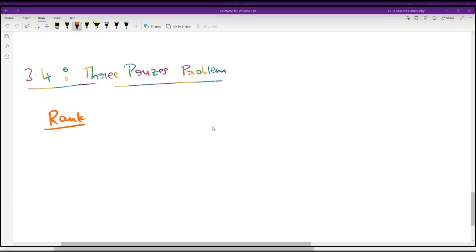I appreciate them for their academic performance. Based upon rank, they will be giving 3 prizes, which are 1, 2, and 3, right? These are the first, second, and third. Now we are going to see these 3 positions, and the fight for these 3 positions is what is covered in the 3 prizes problem lecture.